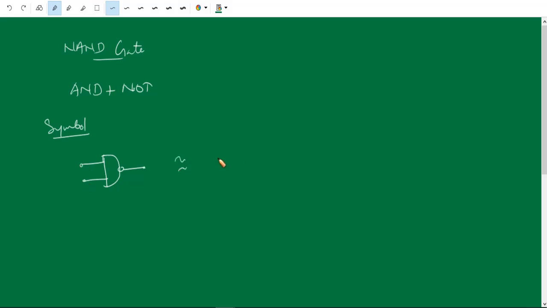This is equivalent to the combination of an AND gate and a NOT gate. So an AND NOT gives a NAND.